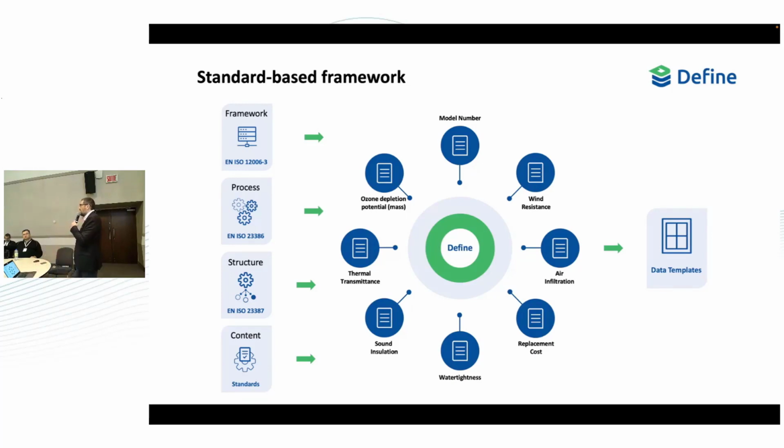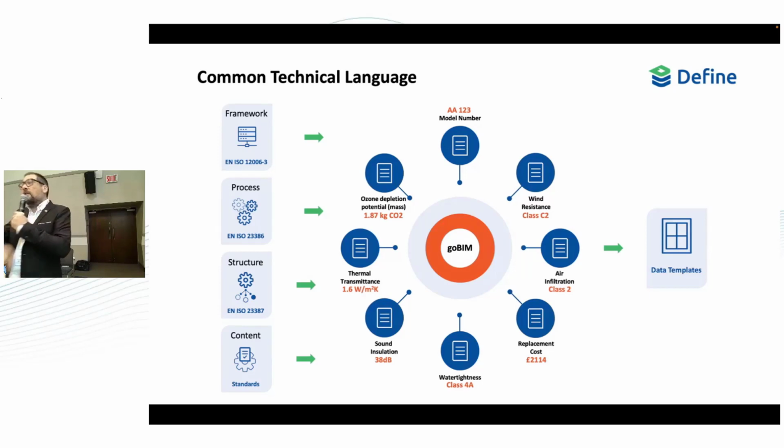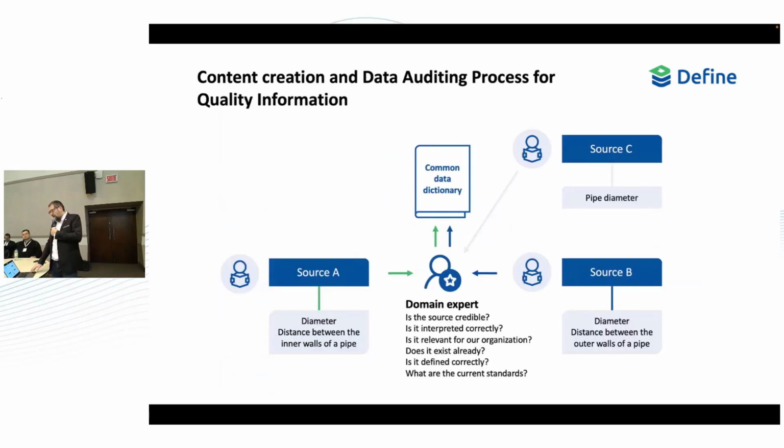So a window has width, height, and so on. And then I'm a manufacturer. I'm using this kind of dictionaries. I'm able to provide the real value for the properties that I've been defining in my project. So second step, when using a dictionary, I'm able to define products and to describe products following those definitions.